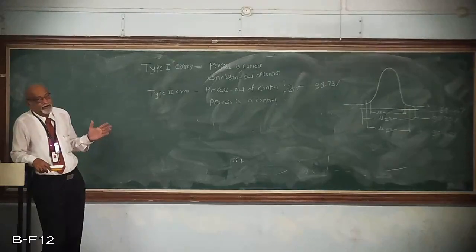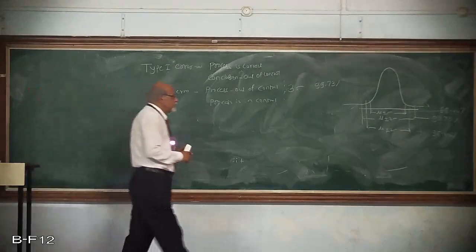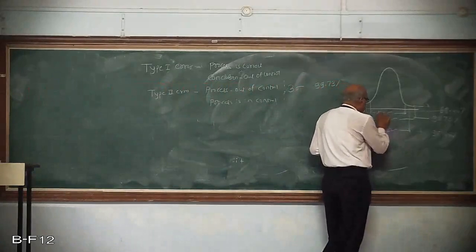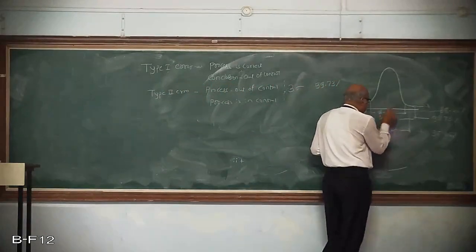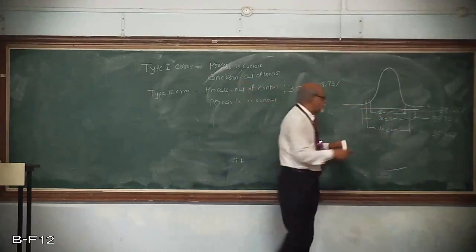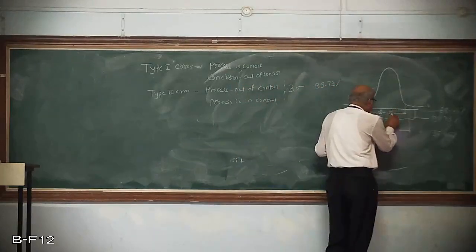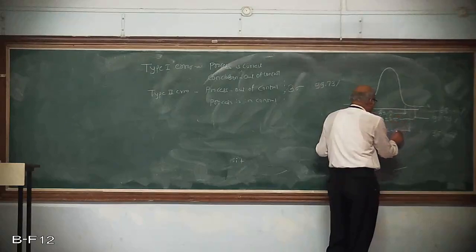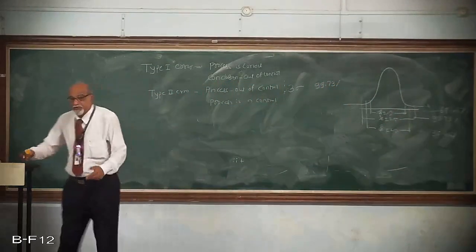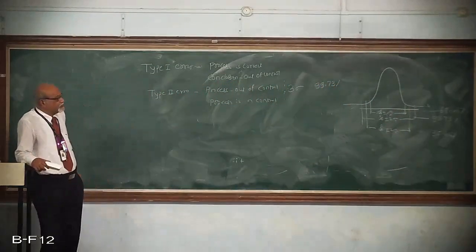In reality it is going to be the X double bar and the sigma, that is sigma prime, the sigma X bar we calculate, whatever it is, that is what is to be understood. These are the control limits. This is type 1 or type 2 error, whatever we are going to do.